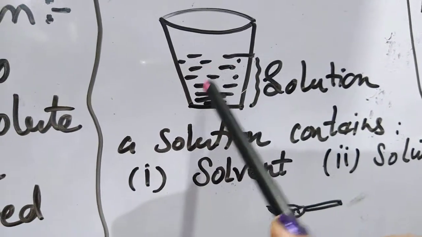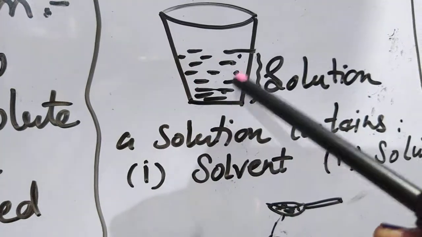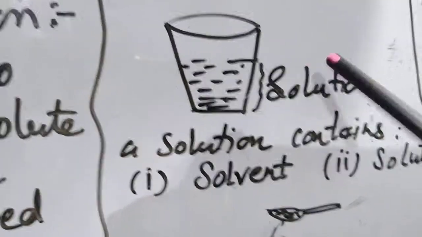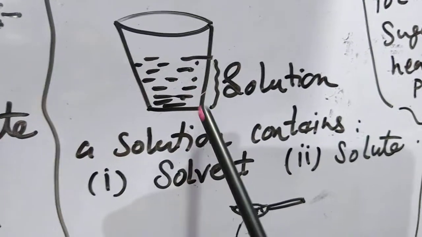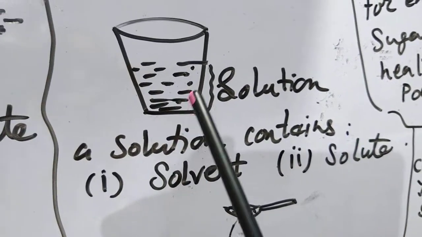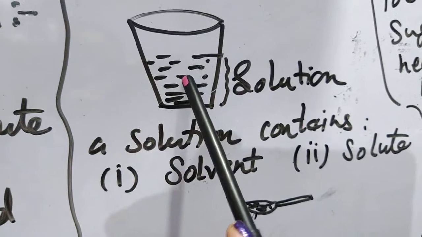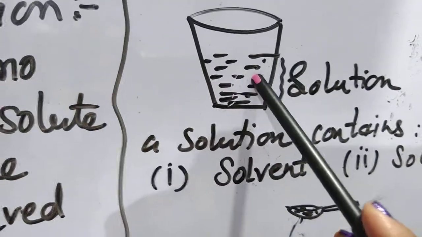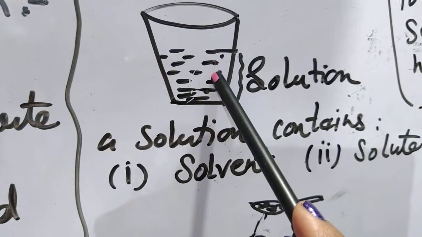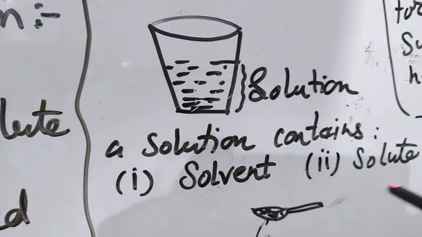It may be water mixed with something or milk with something. Sometimes there is more than one solute, that means sugar as well as Horlicks powder. So if you take milk and add sugar as well as Bournvita, this is also a solution but it contains two solutes.